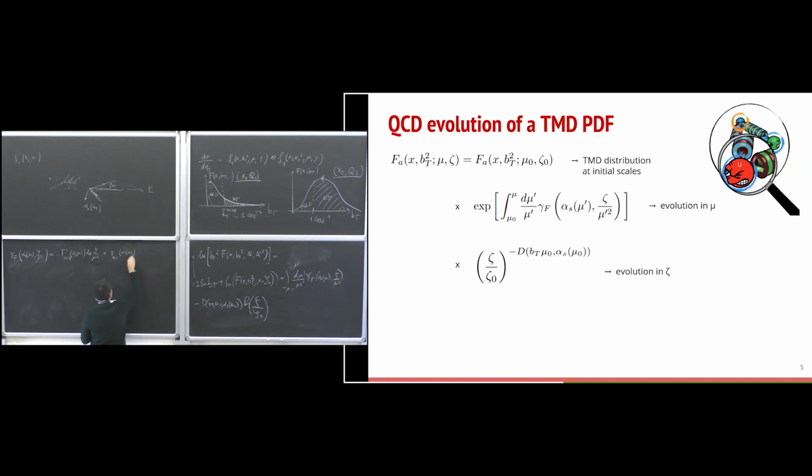These 2 objects here are power series in alpha strong. This gamma cusp, you probably know it better than I do. It's a sum of these coefficients, which are just numbers, gamma, and then you have a power of alpha s divided by 4 pi. To take the lowest order, we just take n equal 1.